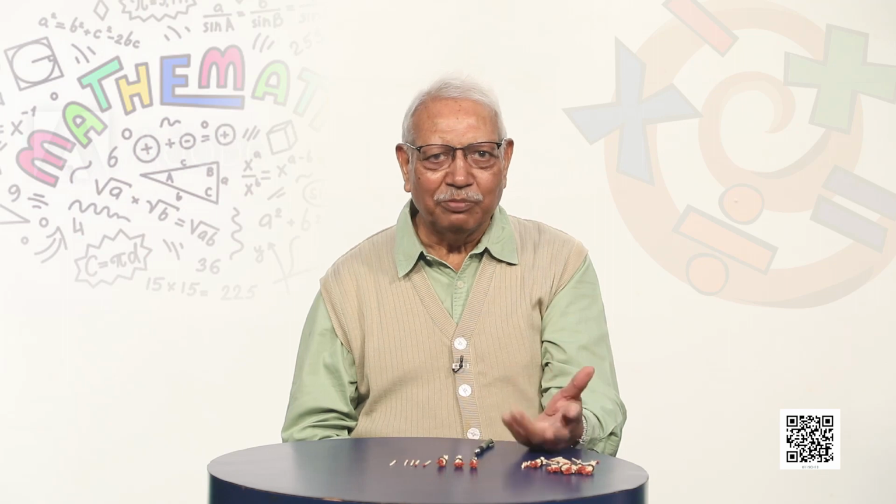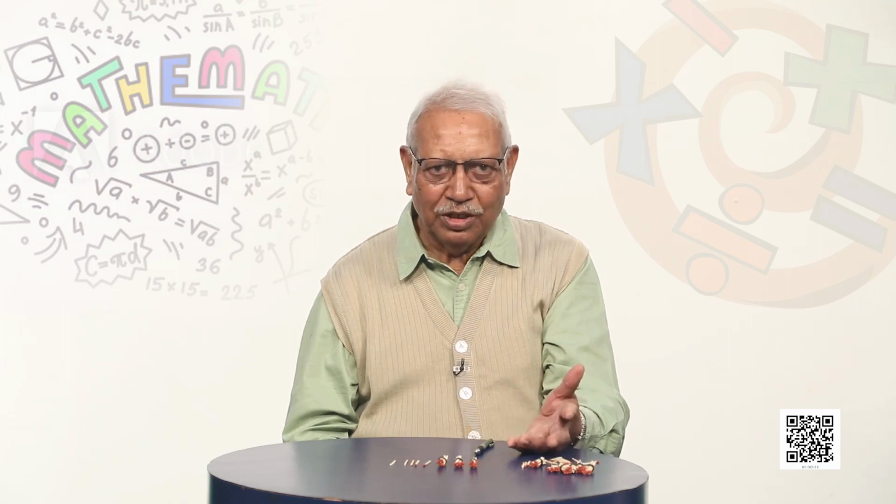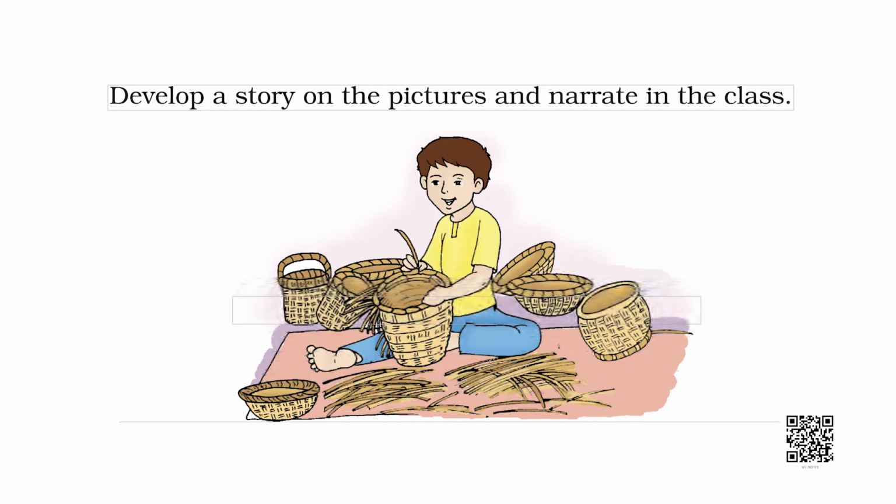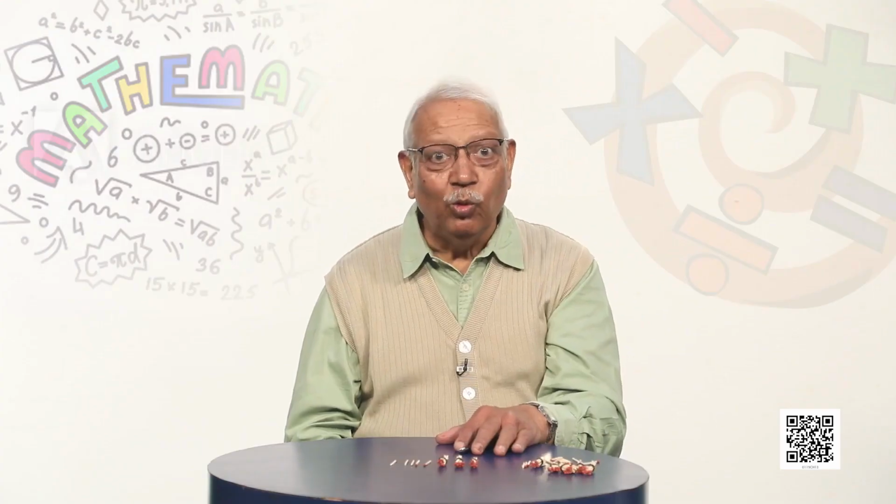And there are two examples given in your textbooks. Another one is of a child. Here is a child making a basket. So, now you have to make up a story about this child. This child's name is Billu.